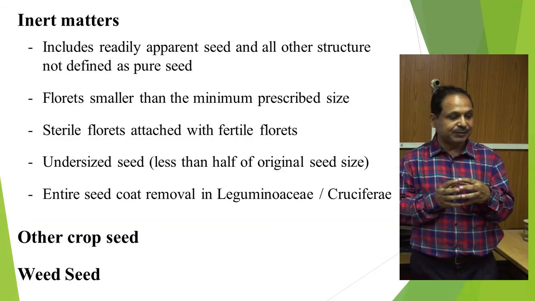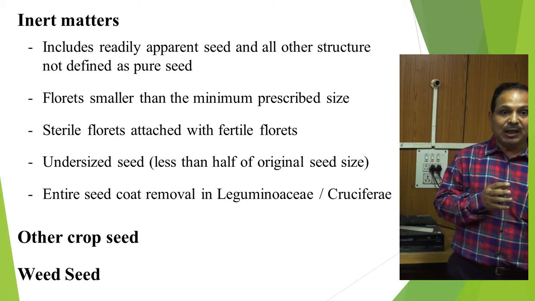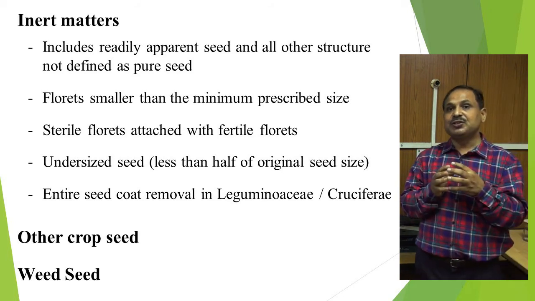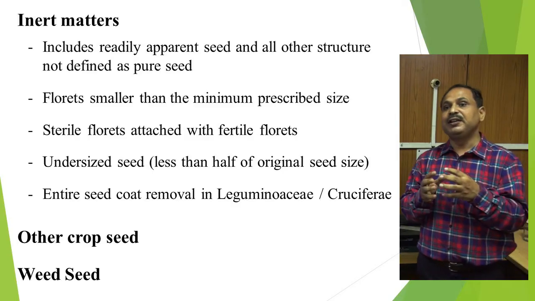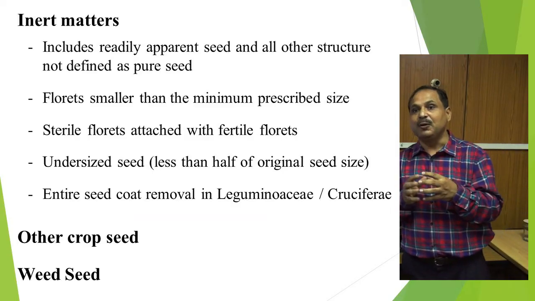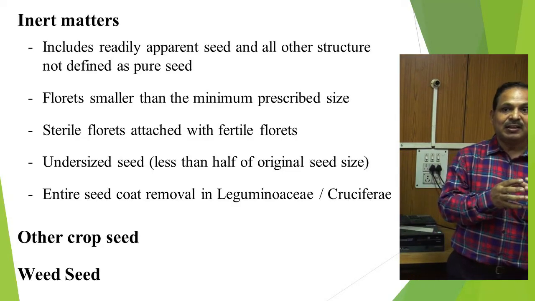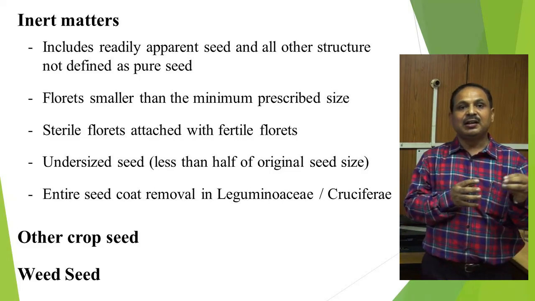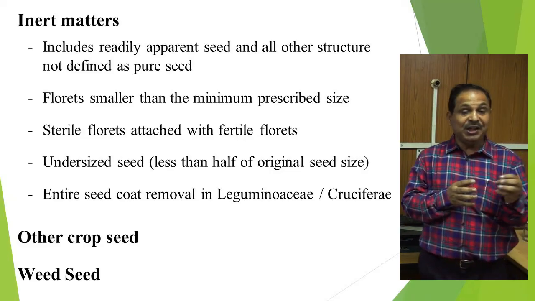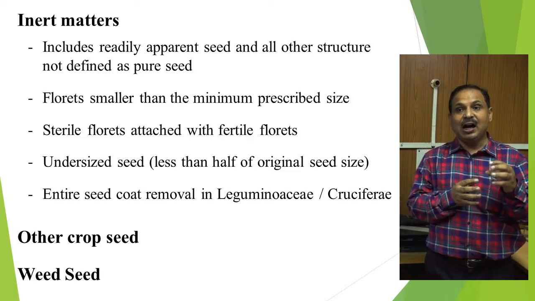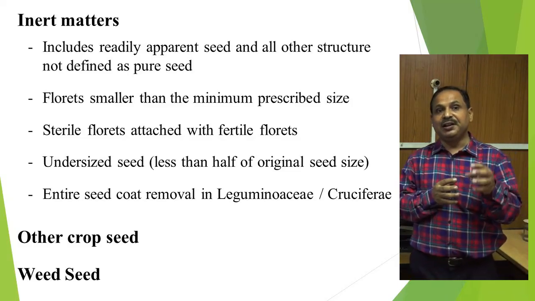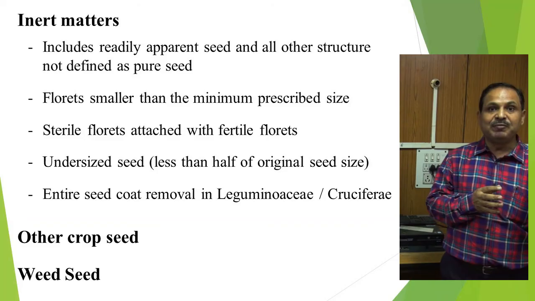Other crop seeds: if in a seed lot there is a mixture of seeds of different crops, that is considered under other crop seeds. Weed seeds are those seeds which are legally approved as weed seeds.